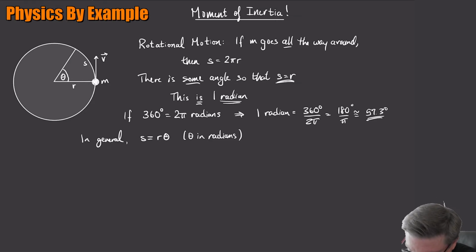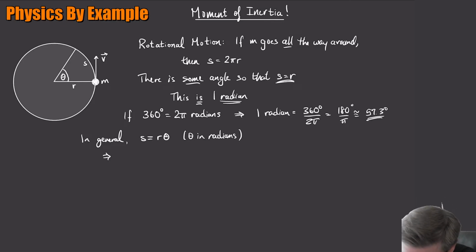So what happens if that's the distance s compared to r and theta? If this is the distance that the mass goes around the circle, what did we do a long time ago? If you want to find the speed of the mass, not the velocity, the speed of the mass around the circle, that's just ds/dt.